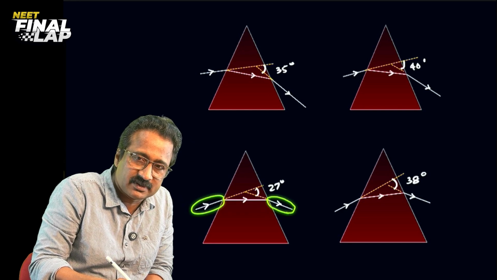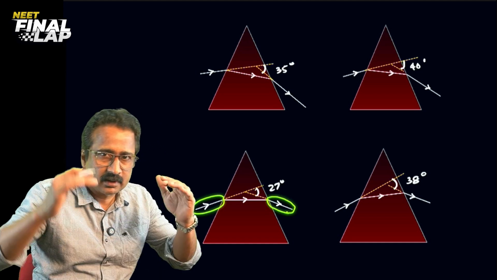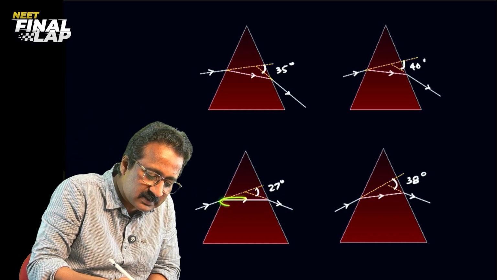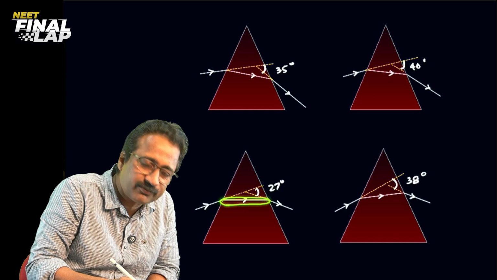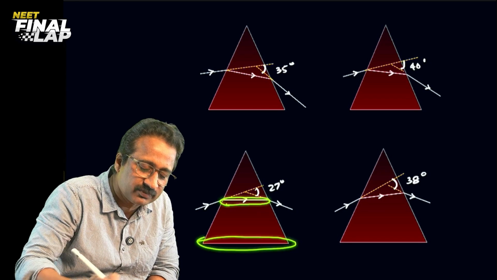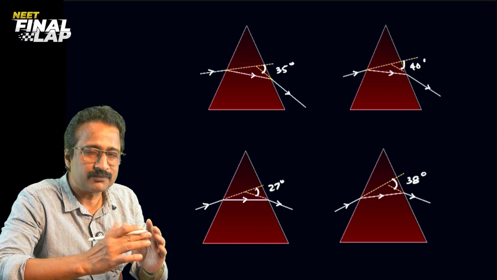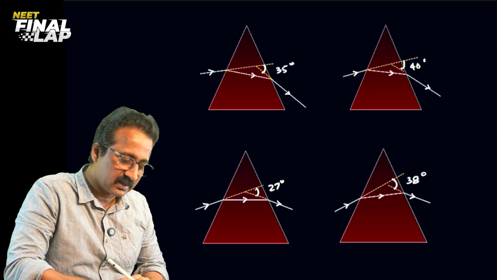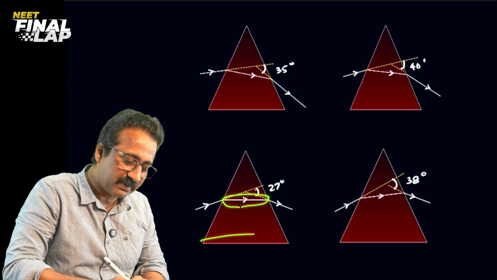I'm sorry, it is emergent ray. So incident ray and emergent ray look almost symmetric. Moreover, the highlight is this: the refracted ray inside the prism is absolutely parallel to the base of the prism. So this figure offers a lot of symmetry.